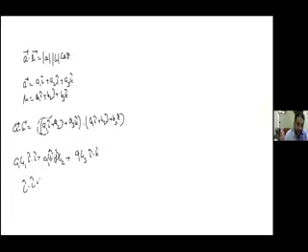Now we're going to do scalar product. Understand what happens in scalar product.